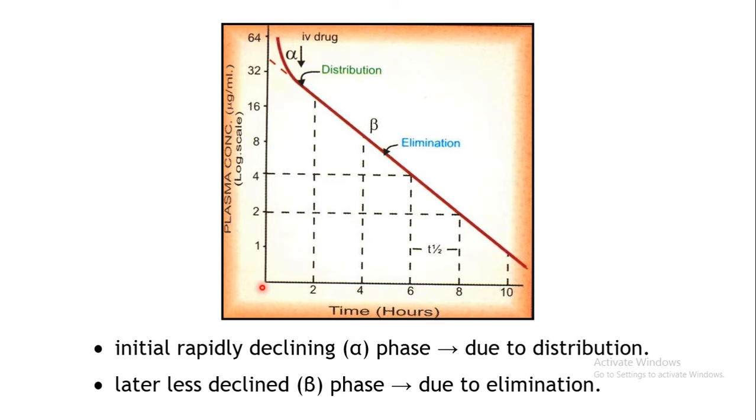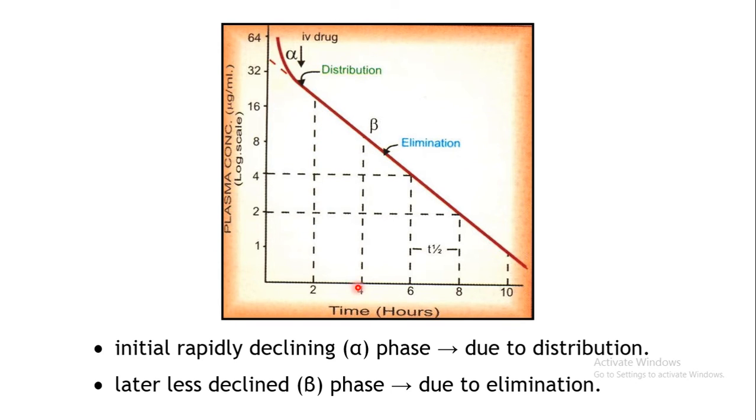Okay, now here the time which is getting depicted is considering the time of administration as 0. Though I have administered it at 10 AM, that particular time will be considered as 0. So after 2 hours I have again checked the plasma concentration. After 2 hours, say it is around 16.